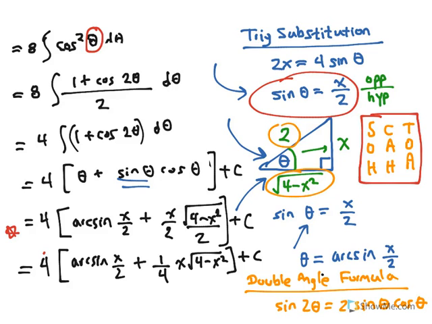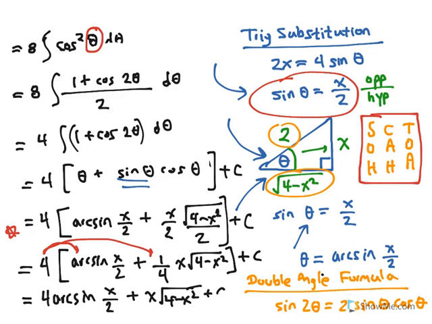And if we choose to distribute this 4 to each of these two terms, then we will have 4 times arc sine of x over 2 plus x times the square root of 4 minus x squared plus our constant of integration, and that would be our final antiderivative in terms of our original variable of integration x.